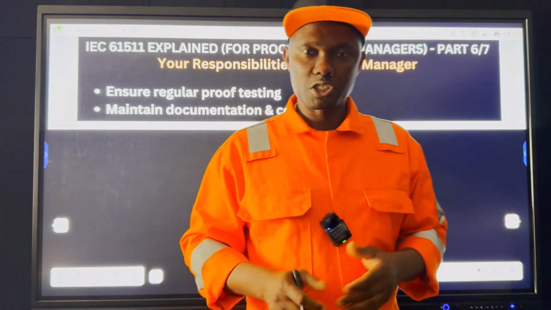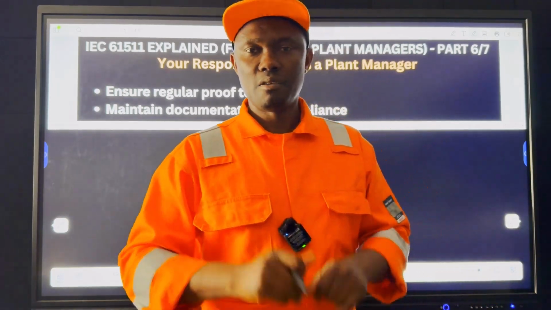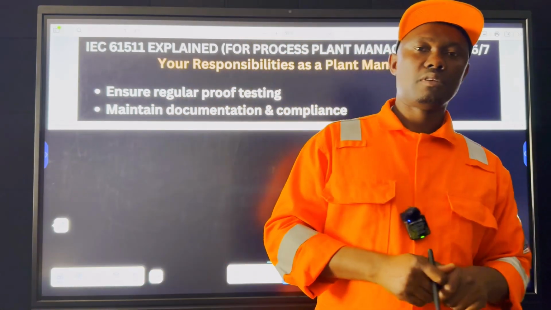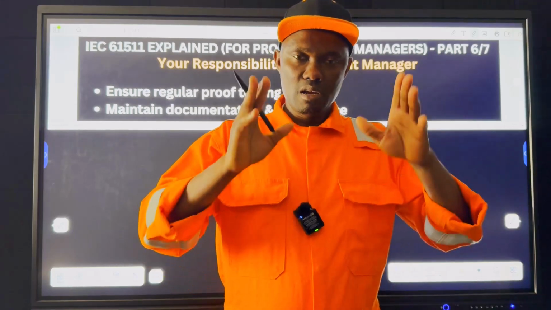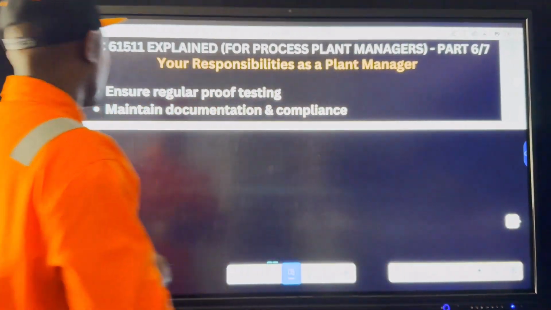And after modification, you need to ensure that you carry out functional safety assessment, phase 5. We'll have functional safety assessment phase 1, 2, 3, 4, and 5. You need to make sure that you carry out phase 5 of the functional safety assessment as well, okay?